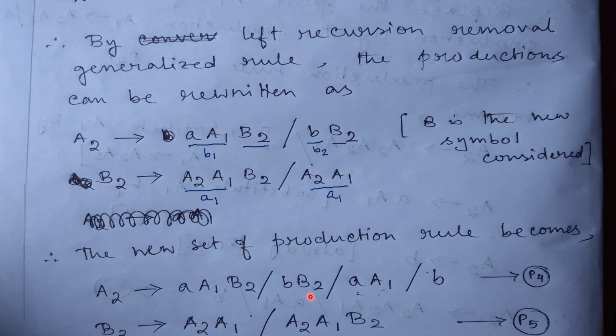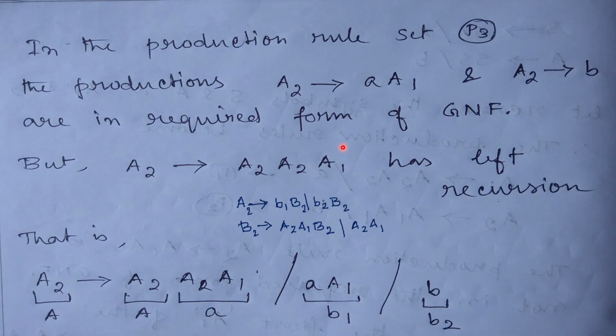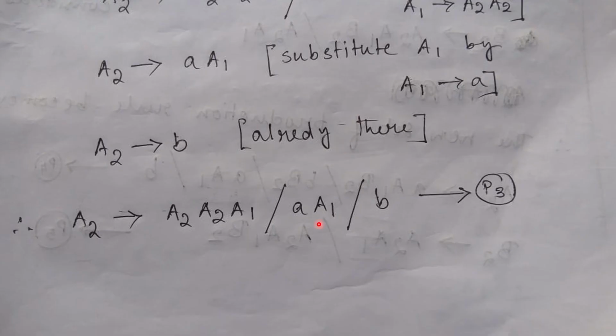These two were there from this one, but one thing is left. You cannot forget these two parts. We are saying that A2 to A2, A2 A1 is in left recursion, but A2 to small a A1 is not in left recursion, and A2 to small b is not in left recursion.